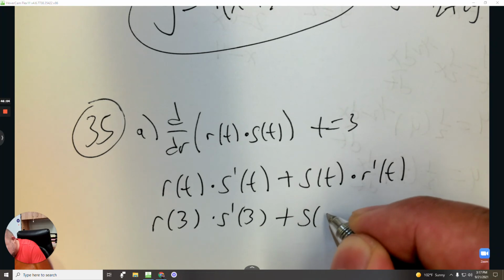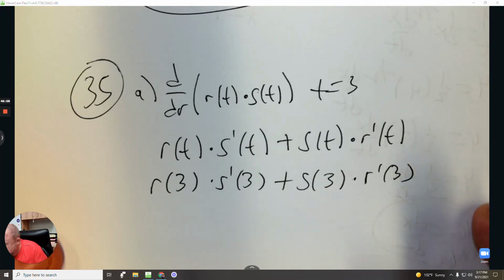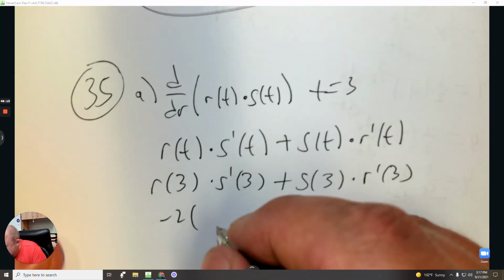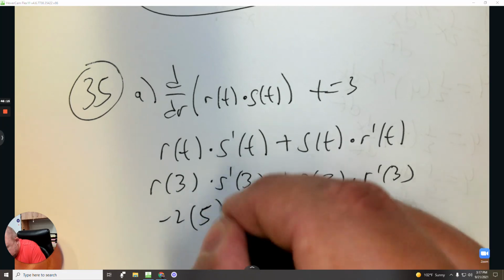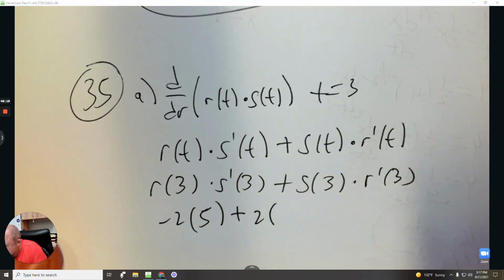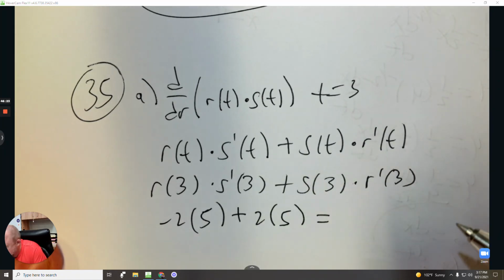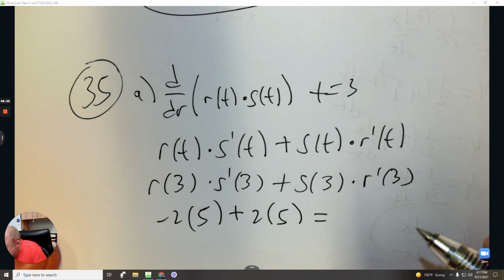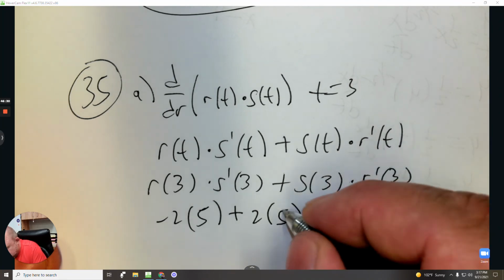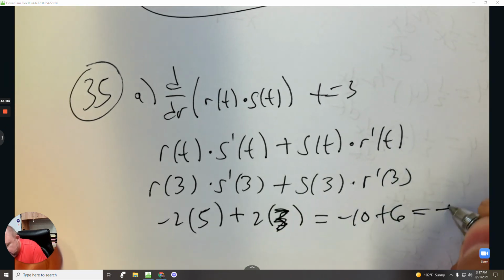And then look at what each value is from the question. So r at 3 is negative 2. S prime at 3 is 5. S at 3 is 2. And r prime at 3 is 3. So that's negative 10 plus 6, which is negative 4.